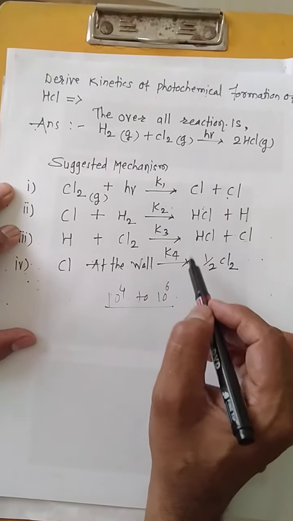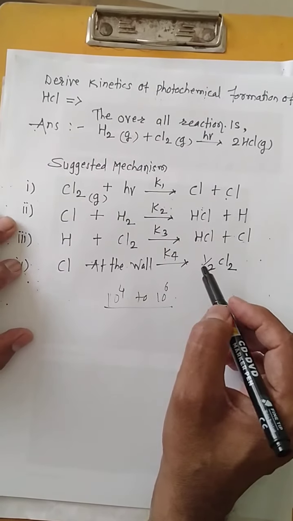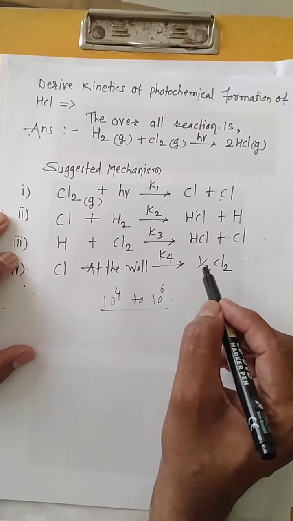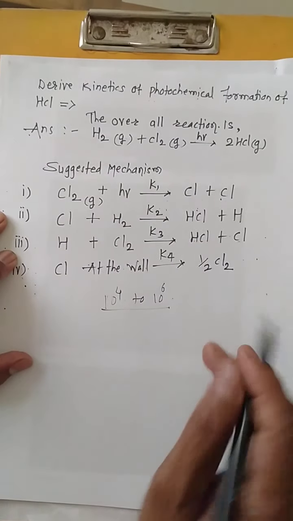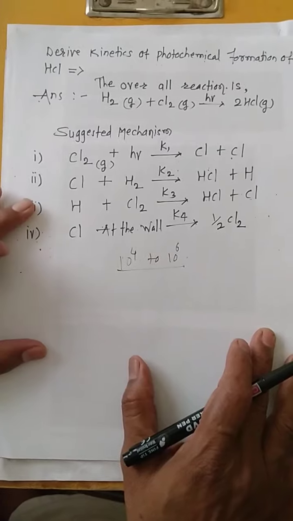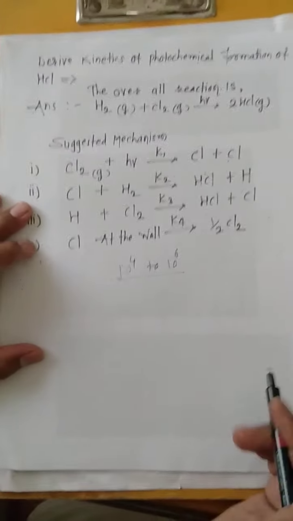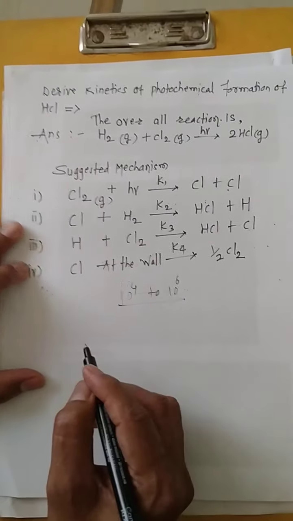From this mechanism we derive the formation of HCl equation. Now first, according to our tips, we have to write the rate law of formation of HCl.